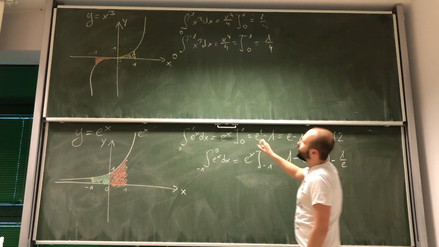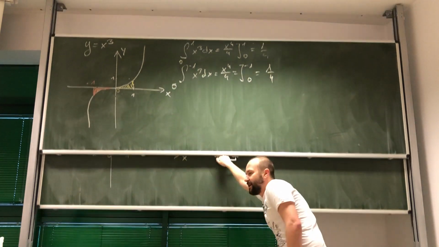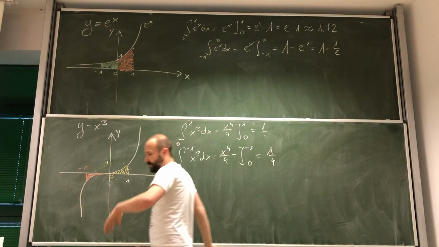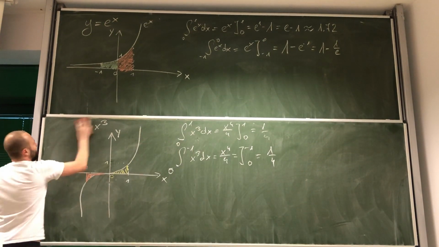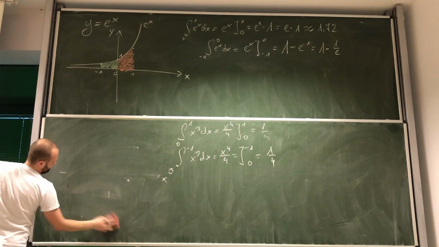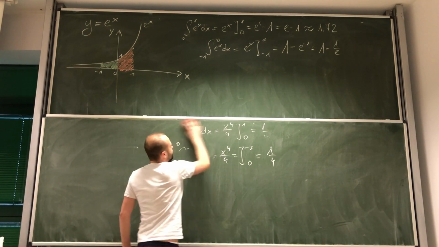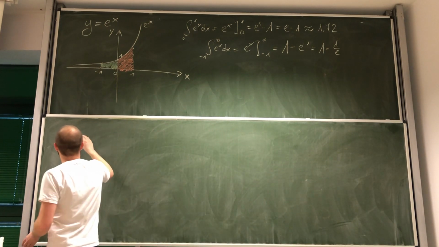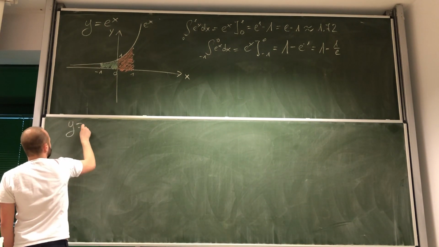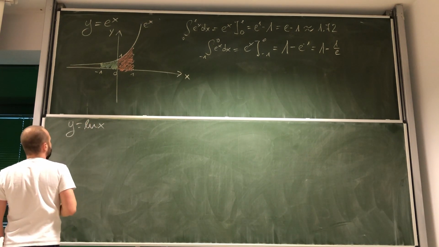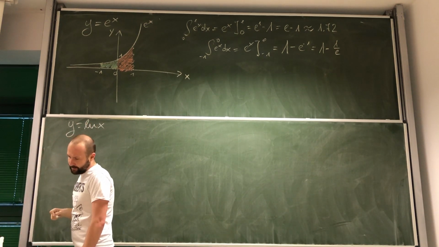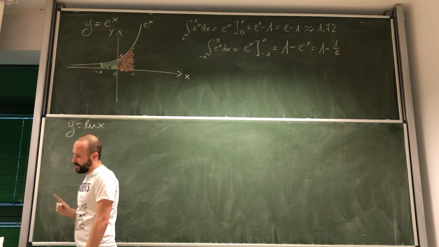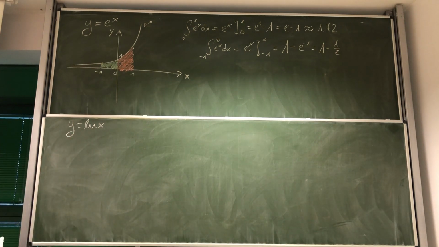Okay, let's try maybe now logarithm, and then we can try something different. Okay, so if I have function y equals ln x, although with ln x we would have the problem.